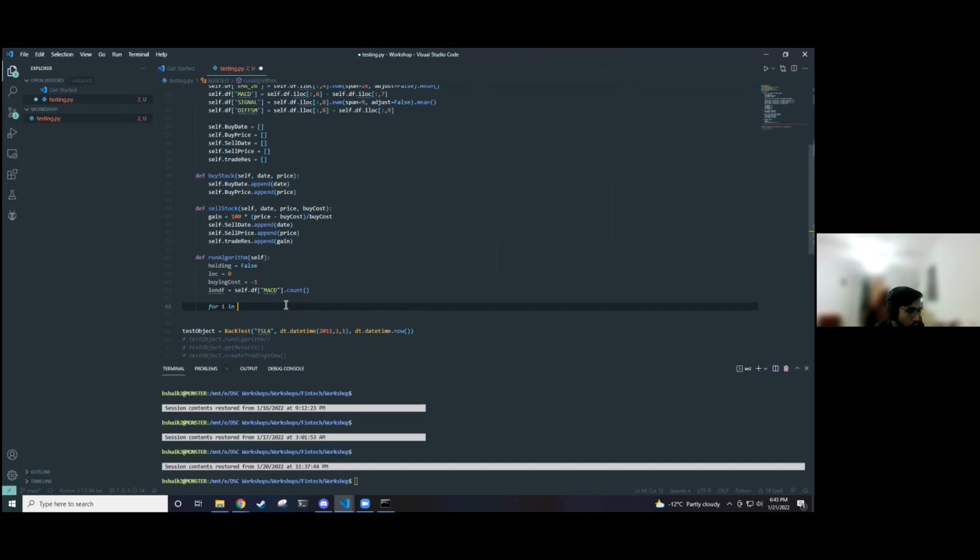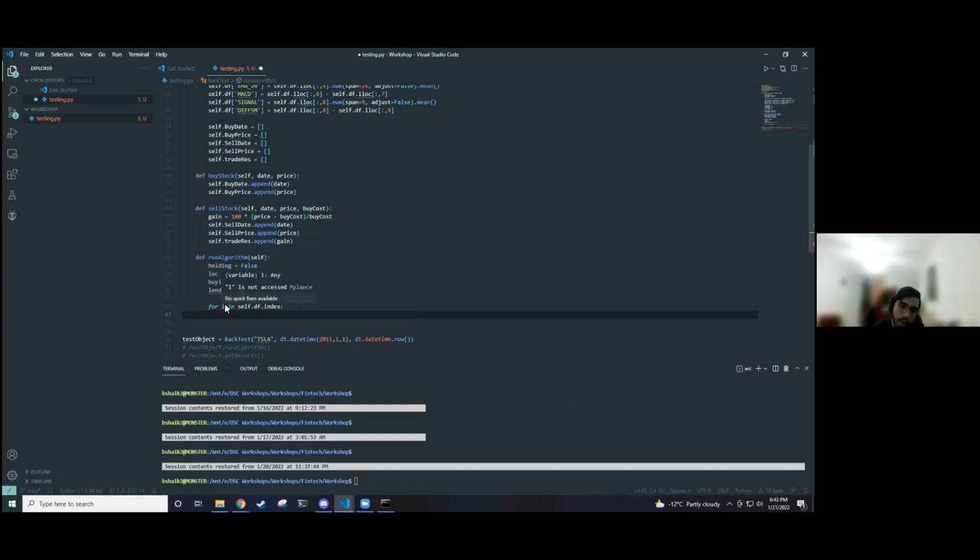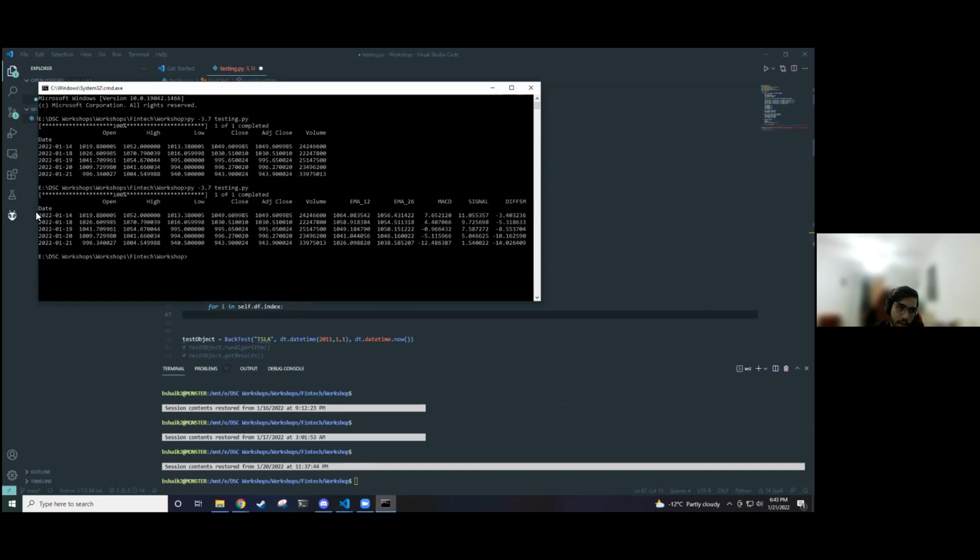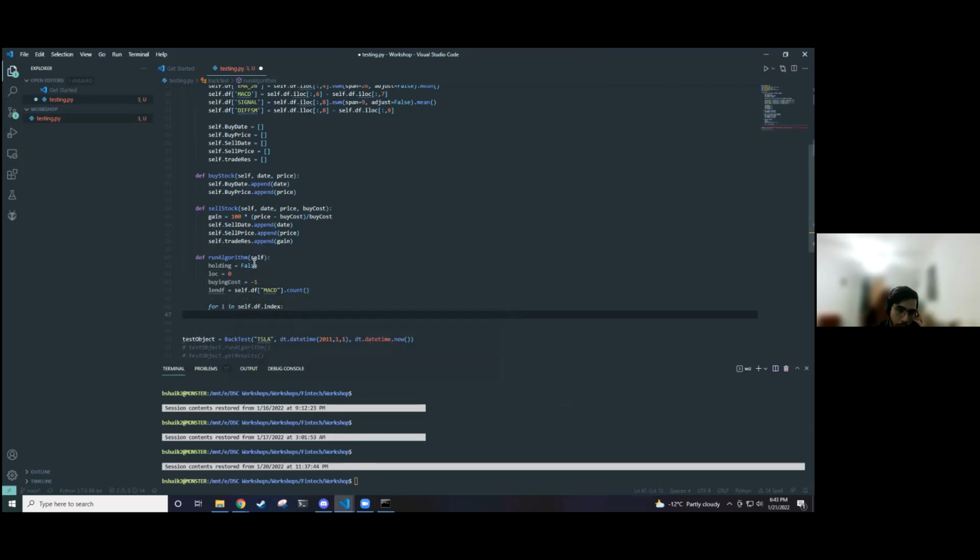So for i in self dot df dot index. What you're doing here is this is going to be the date, because all the indices are dates, as you can see right here. It's just going to be the date with some time information and stuff, but you don't need to worry about that. So this index here is just the current date.